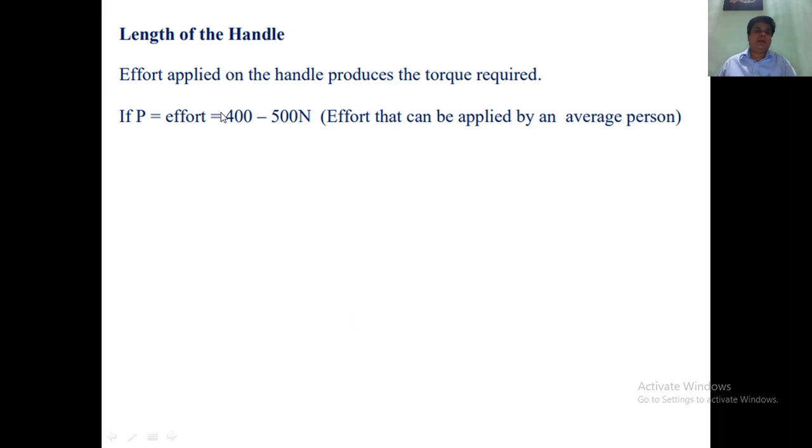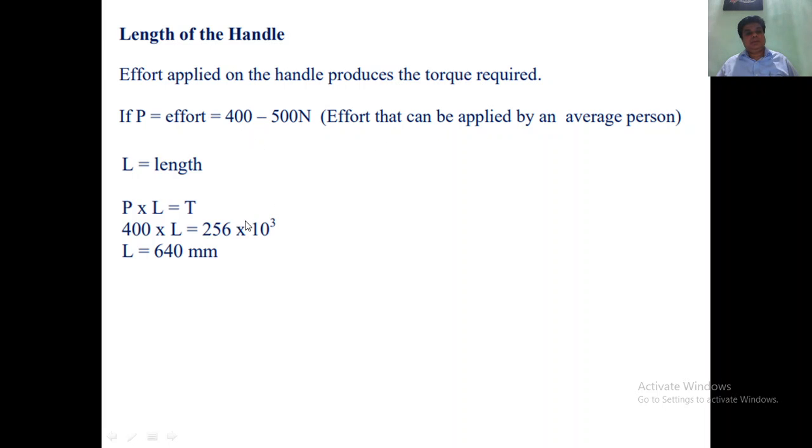Coming to the length of the handle. You are applying a manual load perpendicular to the handle, which is called the effort. Usually for a normal average person, a labourer, around 400 Newton is applied. The load applied into the length will give the torque, so we can calculate the length of the rod.